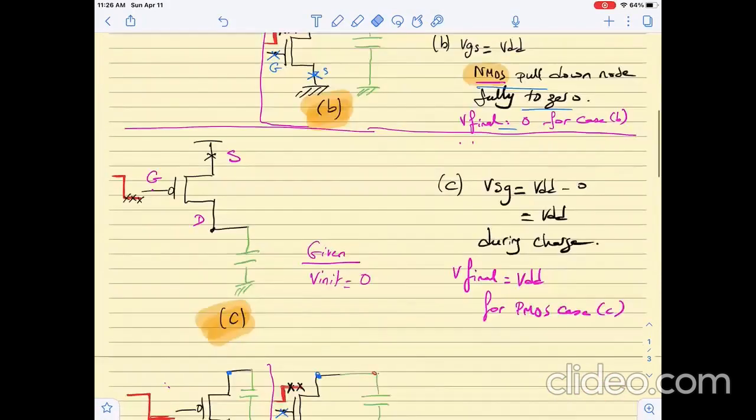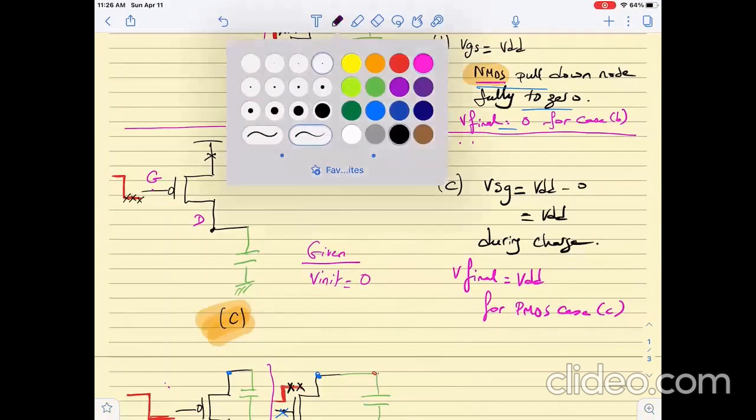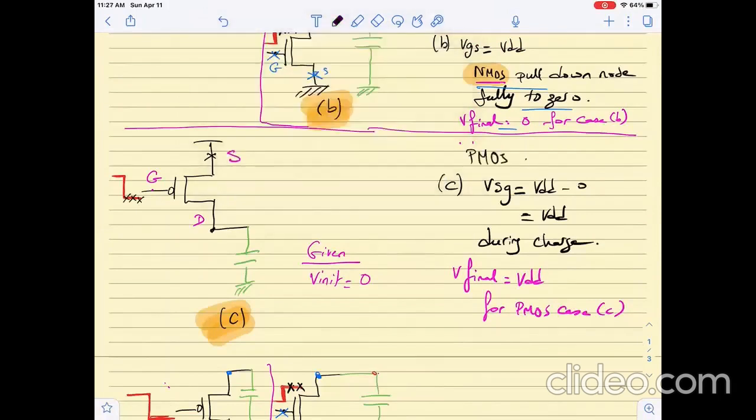The same if I have a PMOS pulling up a node to VDD: its VSG, when the input switches low, will always be VDD during the charging, so it will always be on, and we can reach all the way to V final being VDD. So PMOS always on.